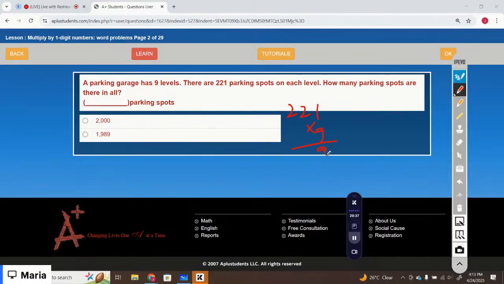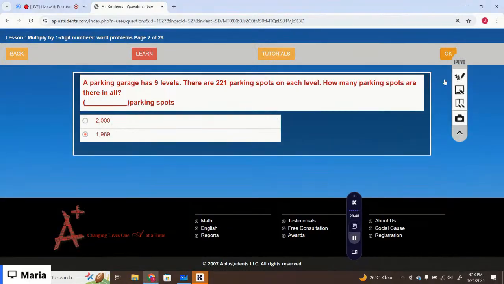That is 9 times 1 is 9, 9 times 2 is 18. Carry 1, 9 times 2 is 18 and 1, 19. So option number 2 is the correct option. That is 1989.